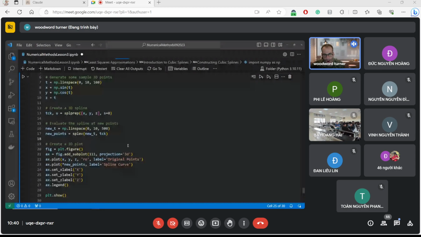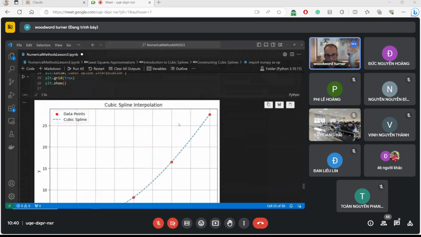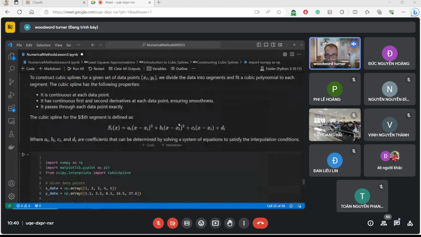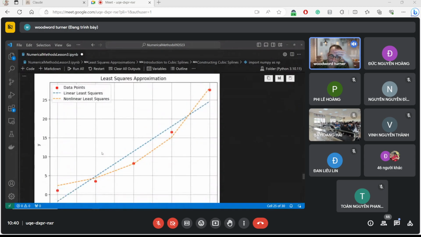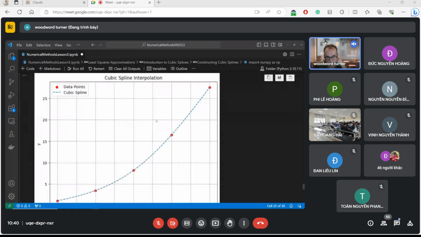Okay, so this is what our spline looks like for the data points that we had. So these are the same data points we had before. Just to go back for a second, this was the exponential nonlinear in orange, and then we had the linear in blue. And neither one of those was a great approximation of this, but you can see how good the cubic spline is doing, right?